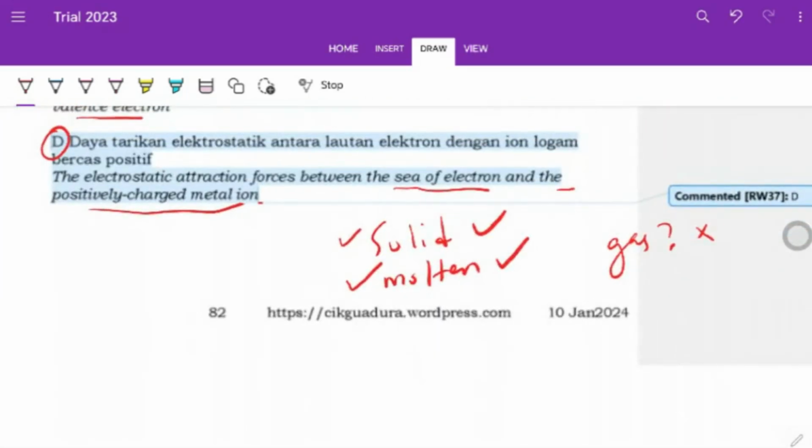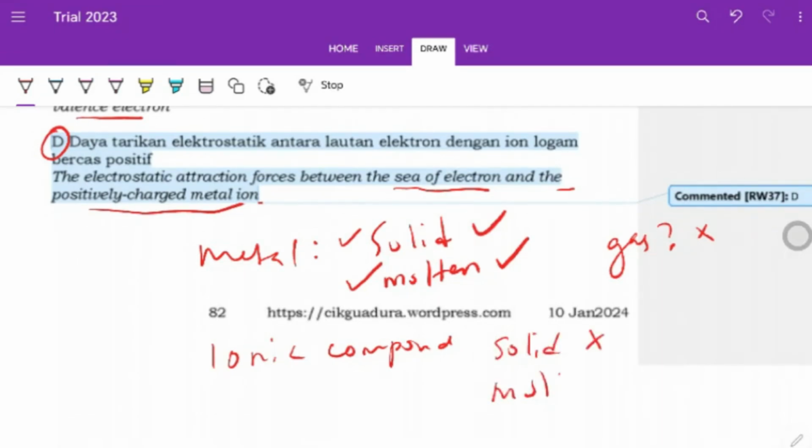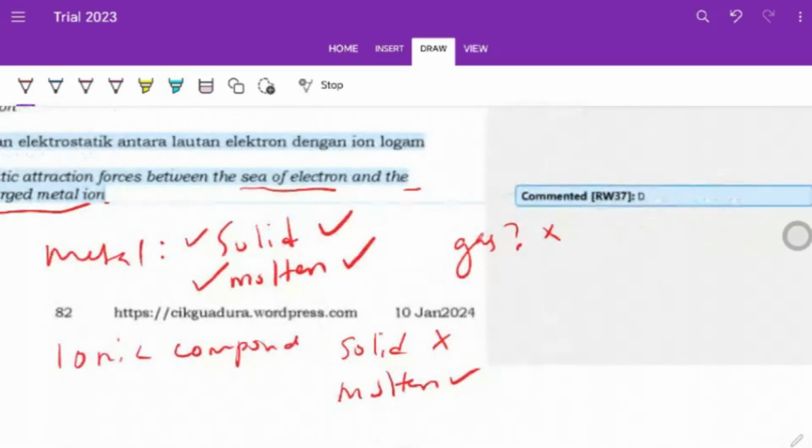The difference between the ionic compound and this one, the metal: solid can conduct electricity, molten state also can. Ionic, solid cannot but molten can. Why solid cannot? Because ions cannot move freely.